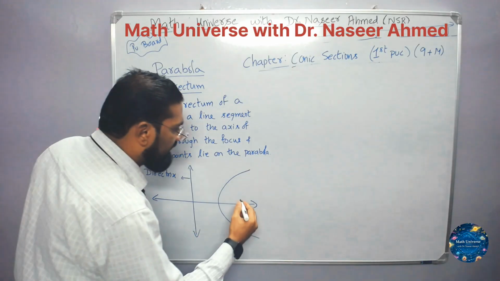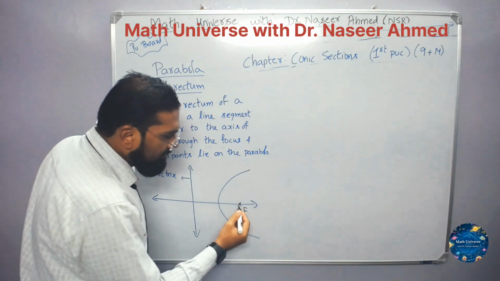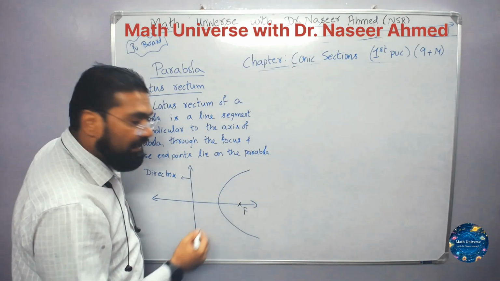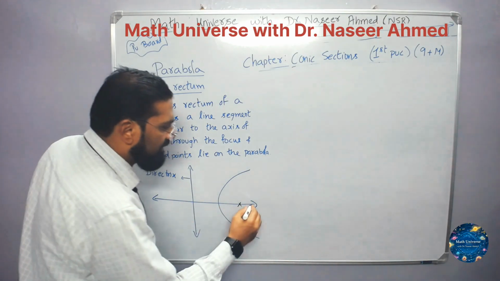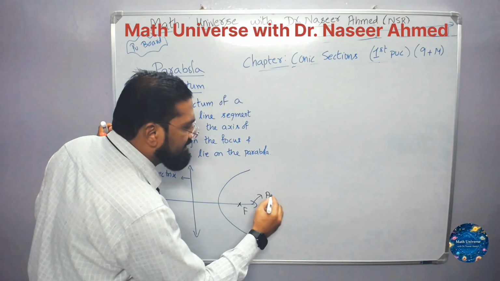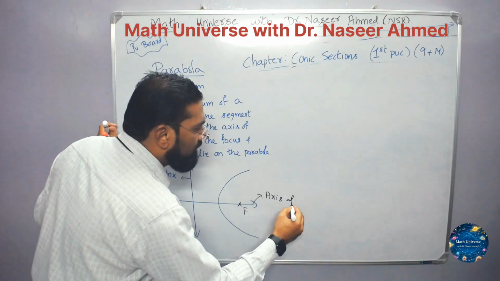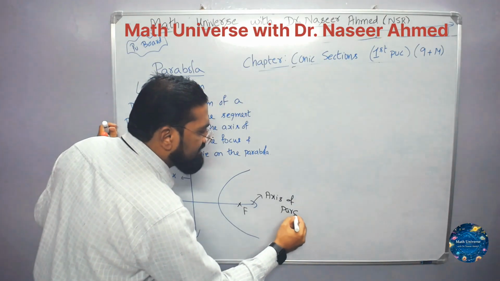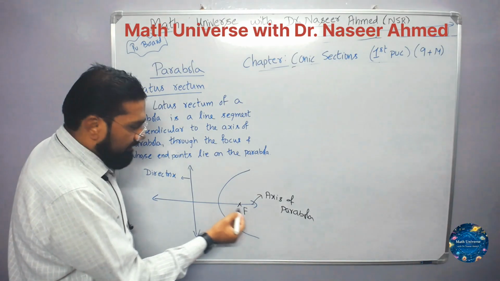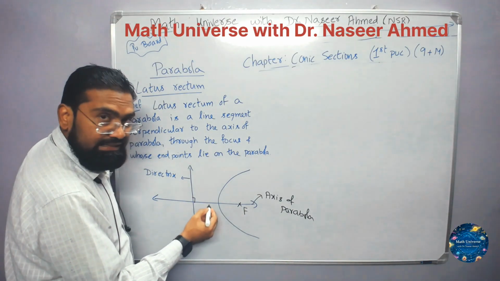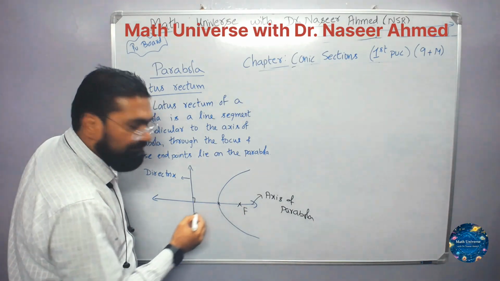So a line segment passing through the focus and perpendicular to the axis of parabola. This is called the axis of parabola. What is the axis of parabola? It is a line passing through the focus, perpendicular to the directrix, and it will intersect the parabola.